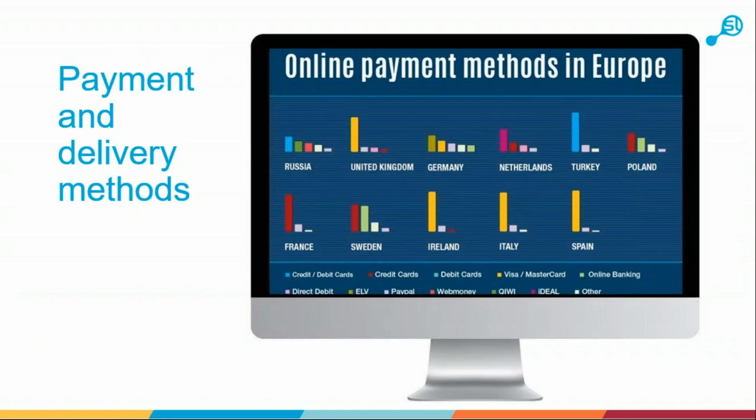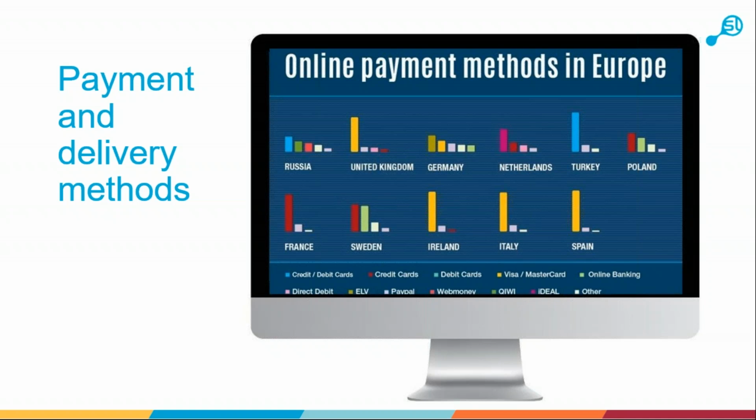Another key consideration is payment methods and delivery methods. So if a person can't use their method of choice, then not only will they lose a little bit of trust maybe, but it's instantly damaging that relationship. It will also signal to that customer that a business is not fully knowledgeable about that market.